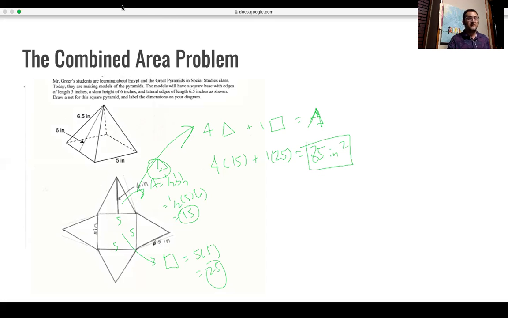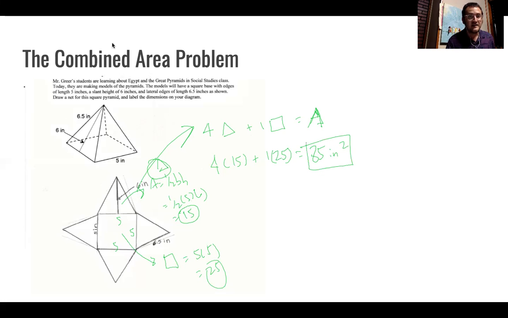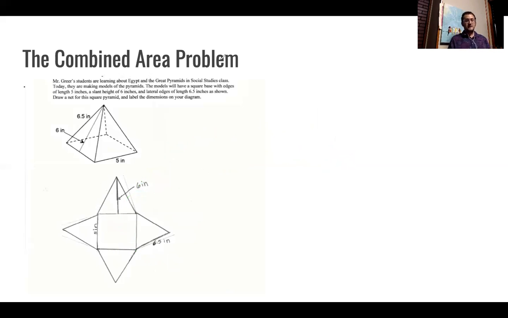Another type of problem that you may see on Delta Math, I'm just going to give you a little preview here. I may have you solve for a variable on Delta Math. So let's say, and I'm just going to do one more problem here on the side.